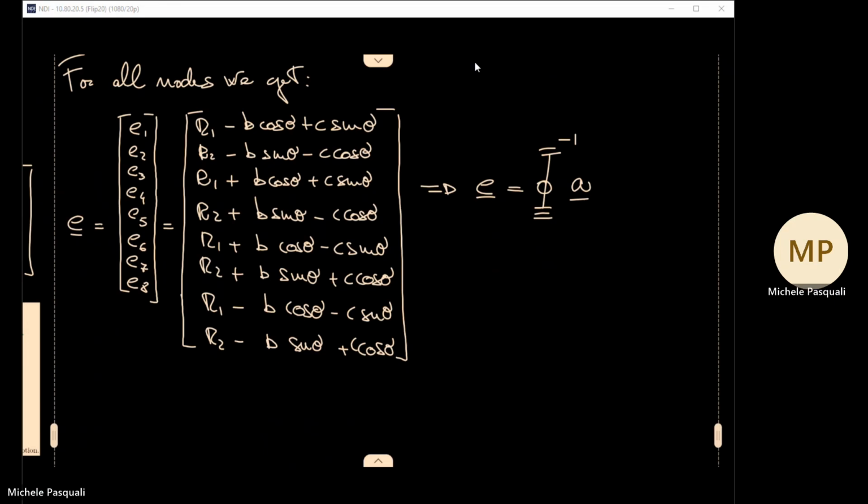And eventually, if you remember, P is equal to psi operated over A. Okay, where this psi is the vector.